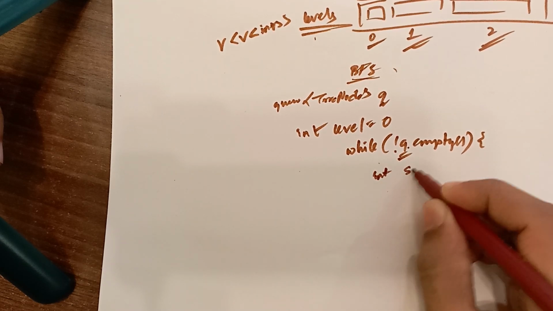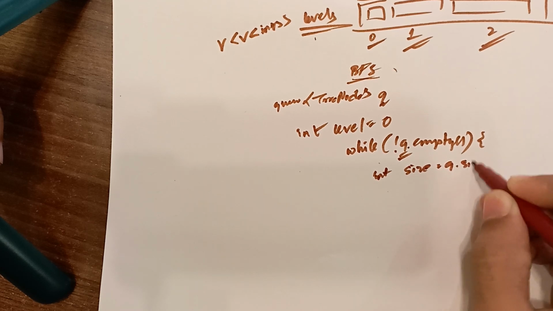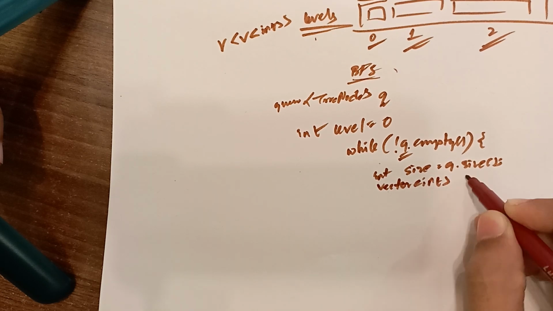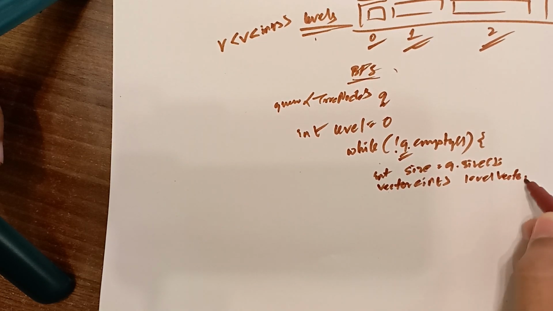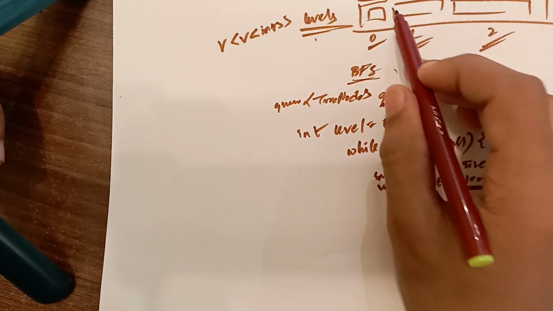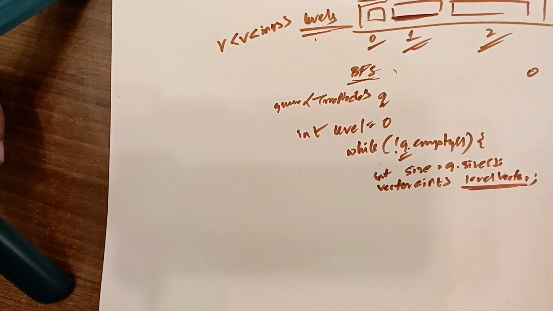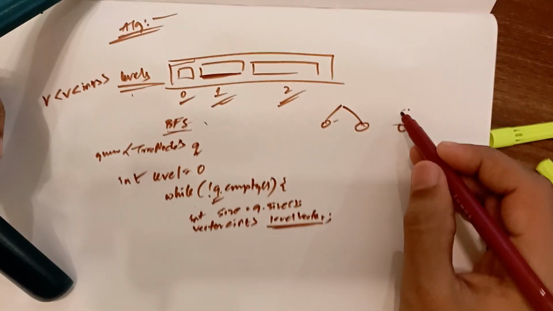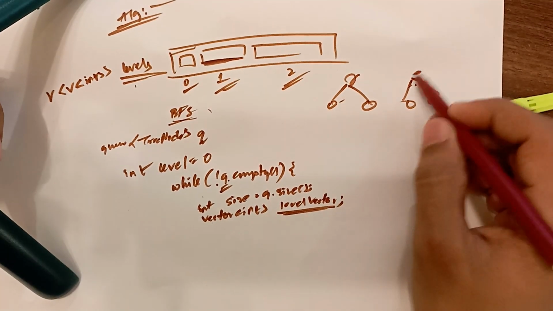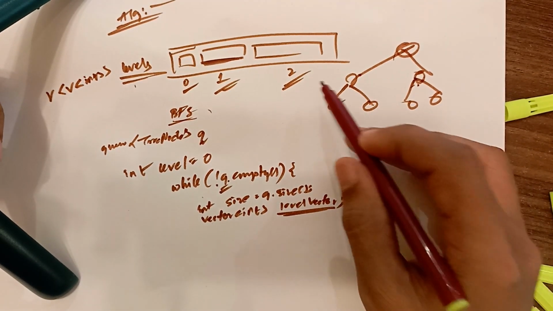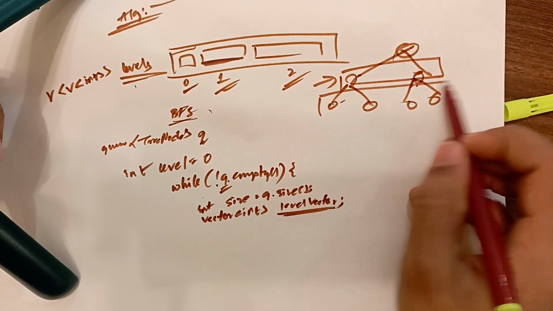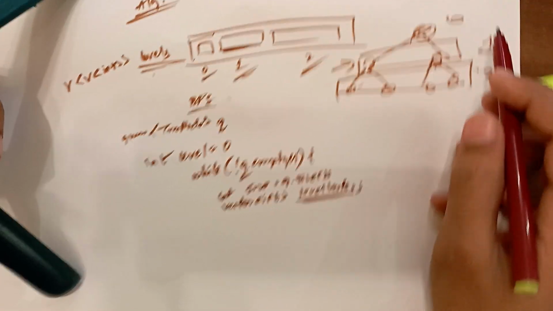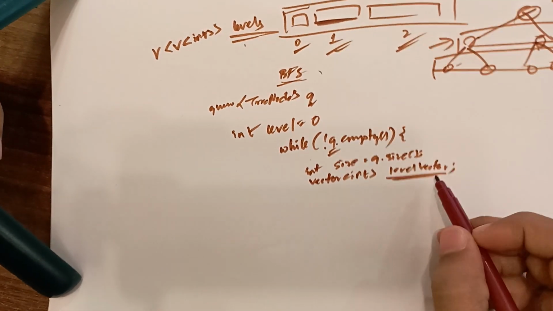Now size is equal to q.size, and a vector int level vector. This level vector stores all the levels of the tree. This is level 0, this is level 1, this is level 2. Now we are constructing a level vector.